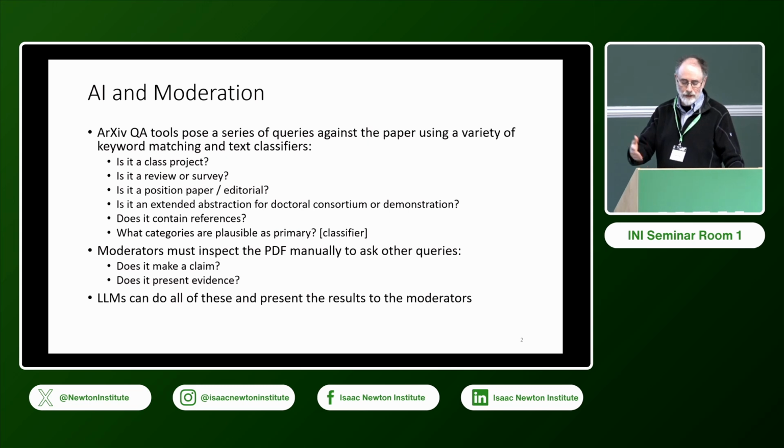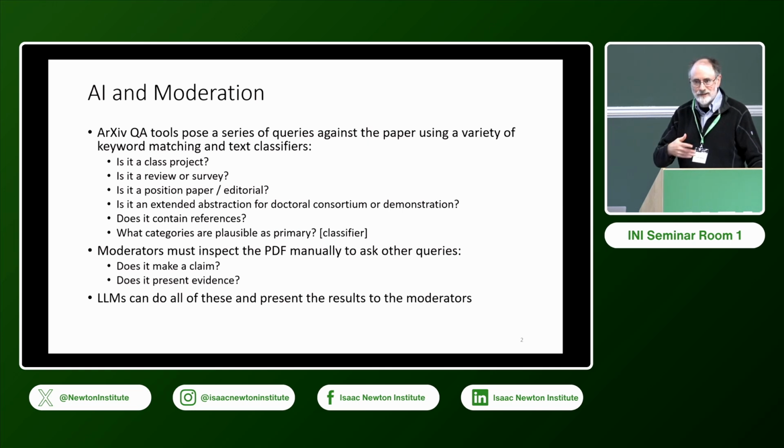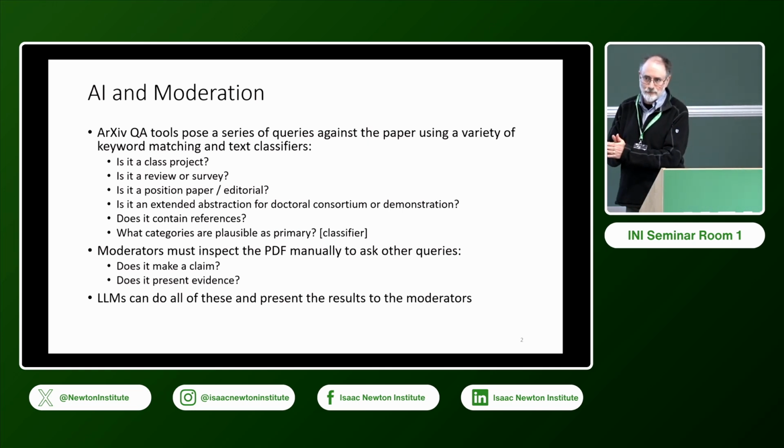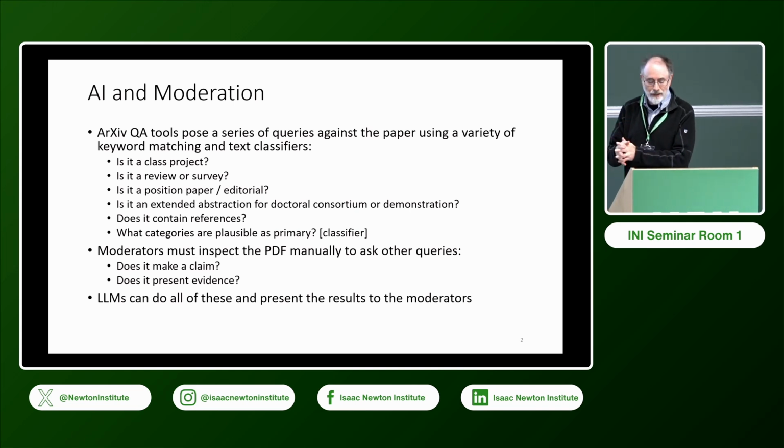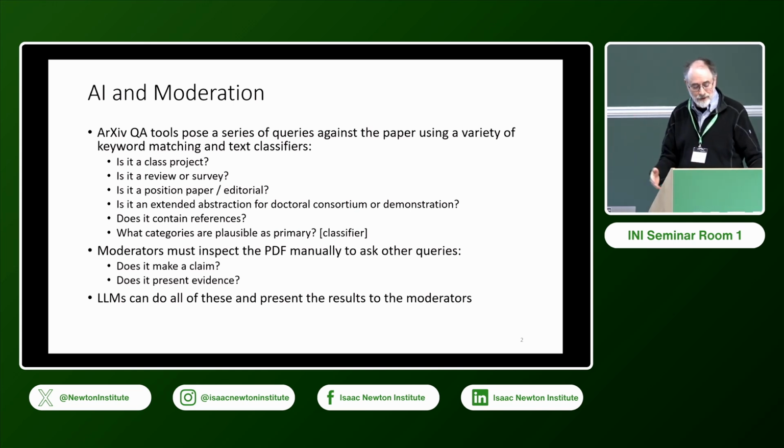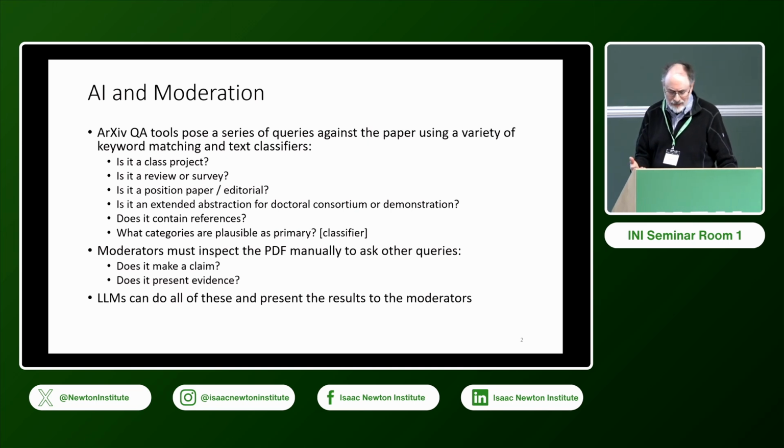Here are some of the things that we currently do with a variety of handcrafted regular expressions and keyword matching. Does this paper look like it was actually a class project? Is this a review article or a summary? Is this a position paper, an editorial? Is this an extended abstract for a doctoral consortium or a demonstration?